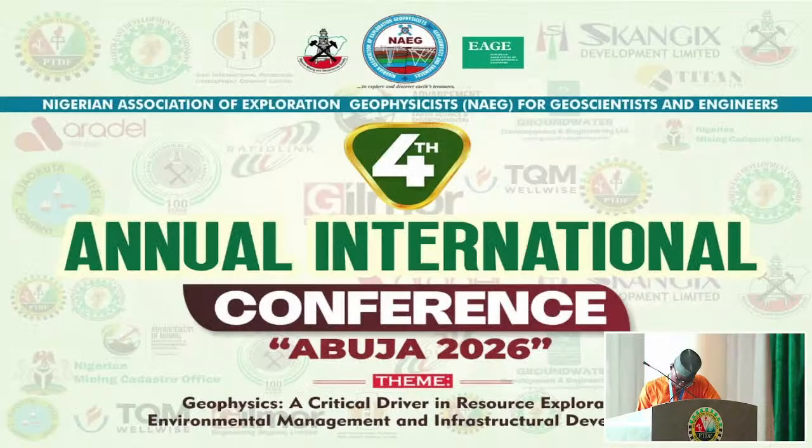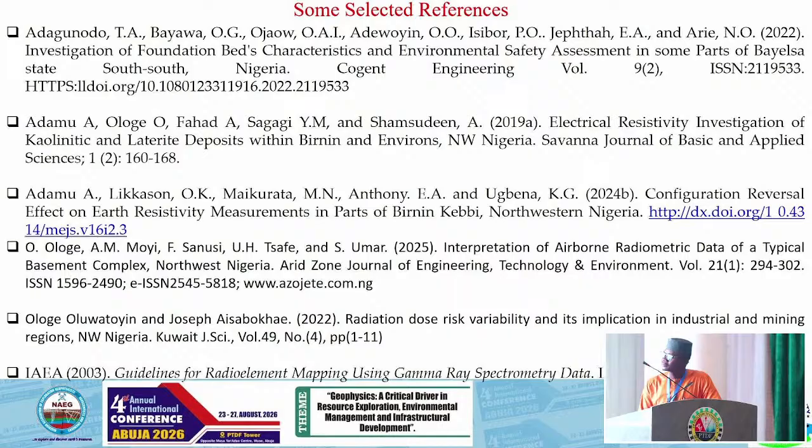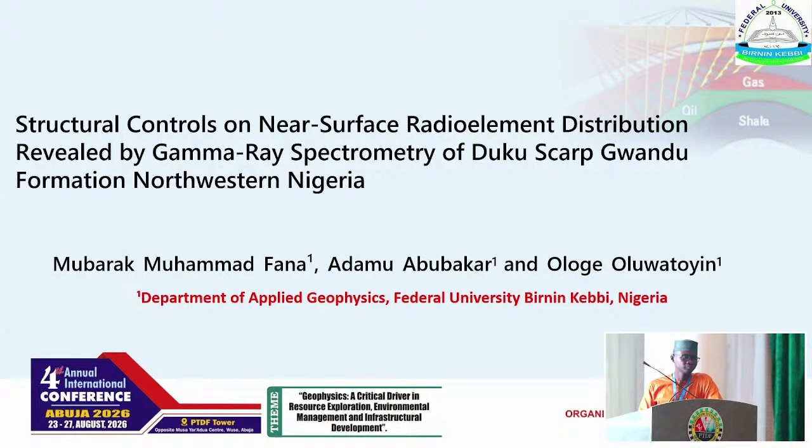However, if you look at the title, Structural Controls on Near Surface Radioelement Distribution Revealed by Gamma Ray, what have you been able to show us? What structures, what kind of correlation between what is on the surface, since you went to the field, that correlates and made you conclude that there are some structures?